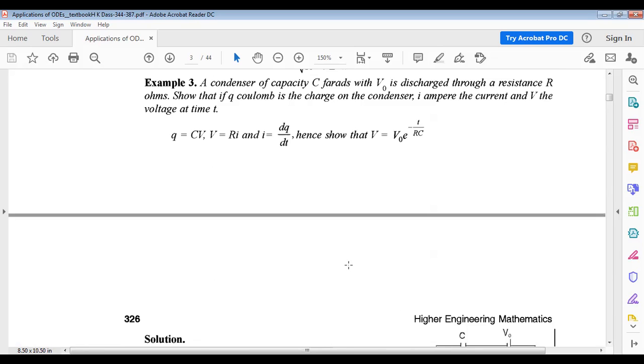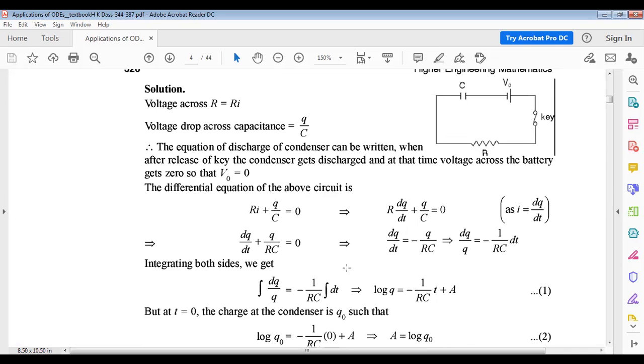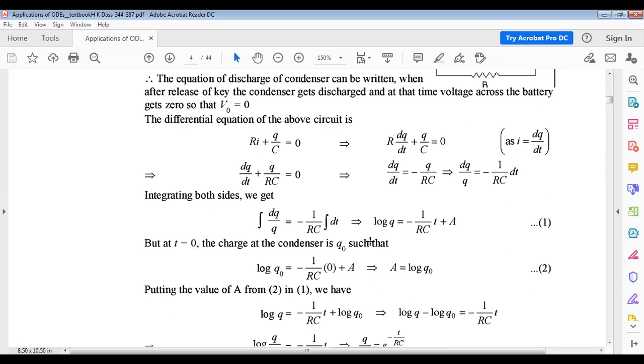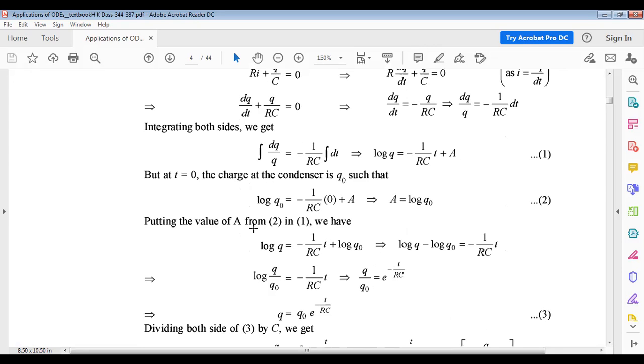It is given, the initial charge will be q naught. So log q naught equals to minus 1 by RC into 0 plus a, so a equals to log q naught. So putting the value of integral constant a in equation 2, we can write log q equals to minus 1 by RC t plus log q naught, just putting this value a here.